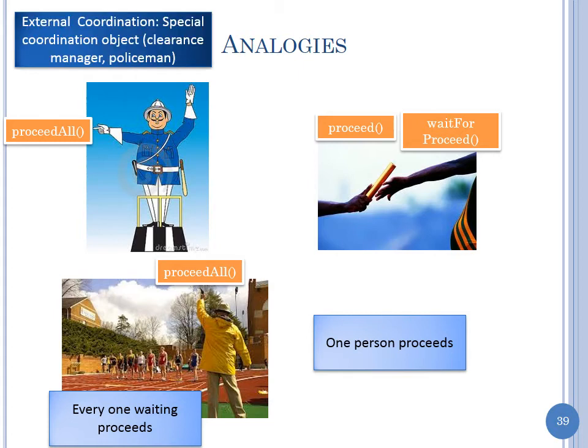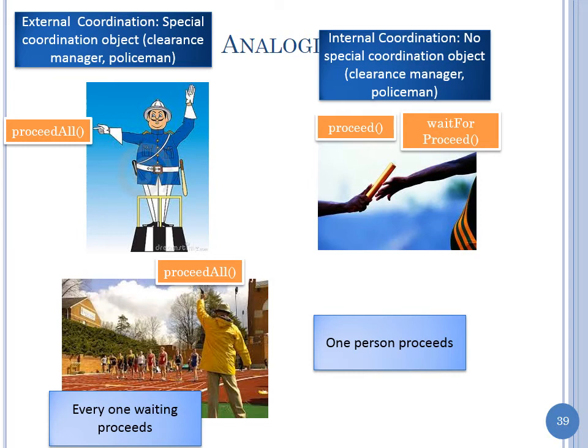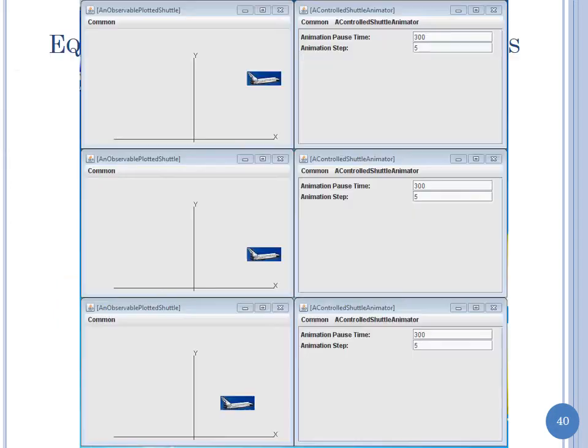Okay, so external coordination has a special coordination object, which is the clearance manager in our example, or the policeman. And here there's internal coordination, where there's no special coordination object, where the objects that are doing the actions are themselves coordinating. Okay. So here's an example now, the same shuttle example now with internal coordination.